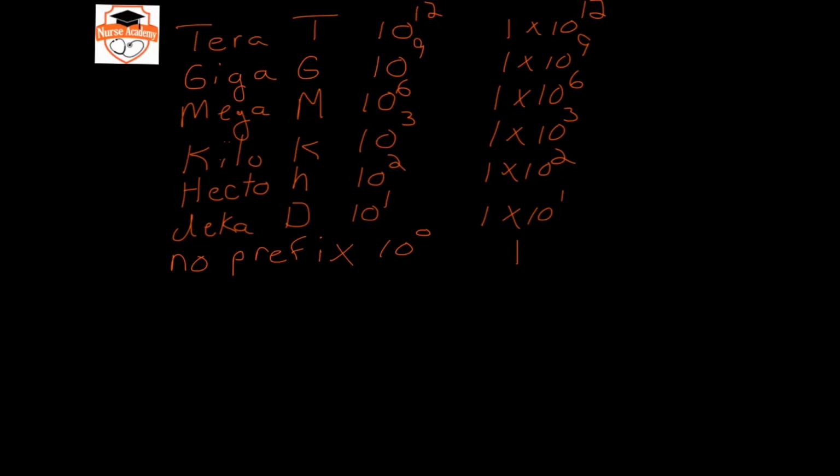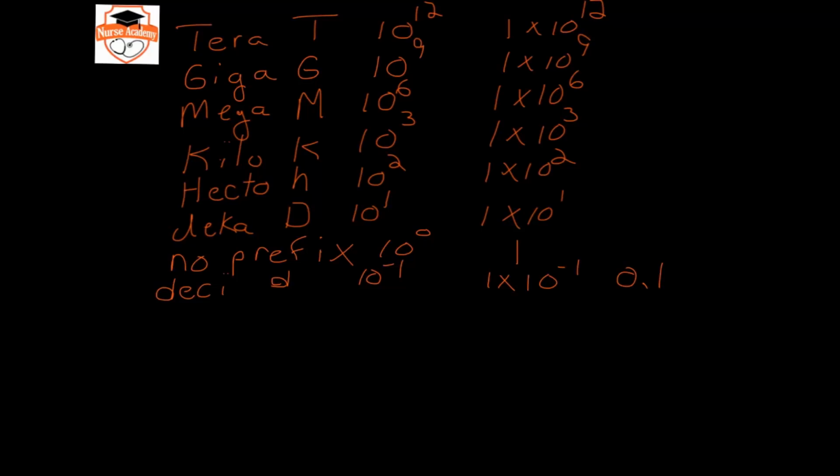Now we're going to go to measurements that are less than 1 of a unit, so less than a meter, or less than a liter, or less than a second. The first one of those that we're going to look at is deci, which is a lowercase d, and that's 10 to the -1, or 1 times 10 to the -1, or 0.1, if you want to look at it that way.